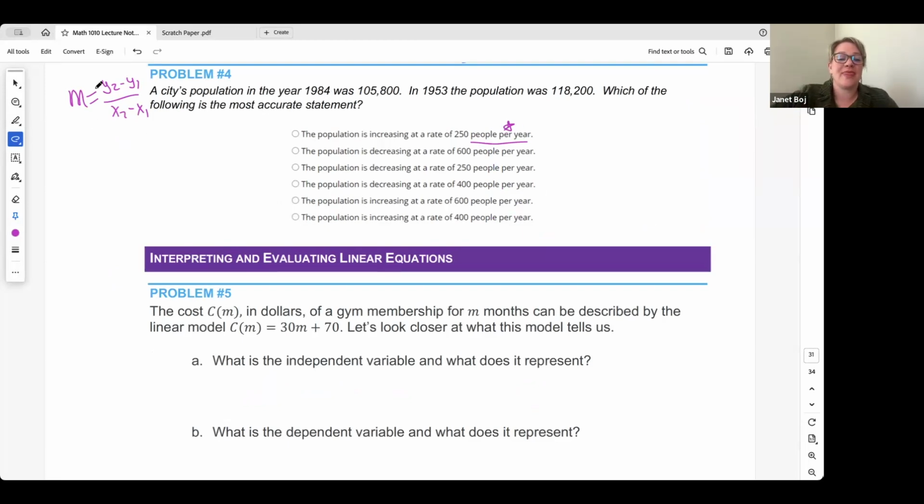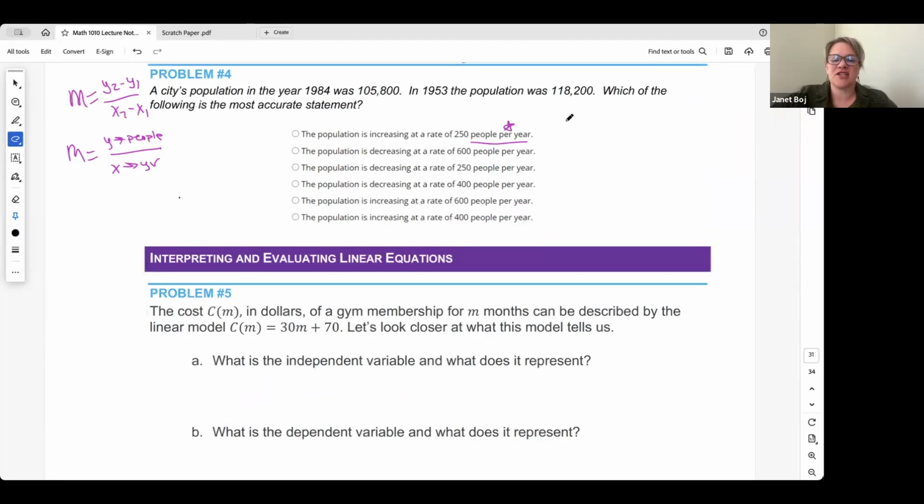People per year, they tell us that the y value will be people, so the number of people or the population, and the x value will be the years, the time. All right. Have they given us 2 ordered pairs so that we can calculate the slope? Yes, they have.